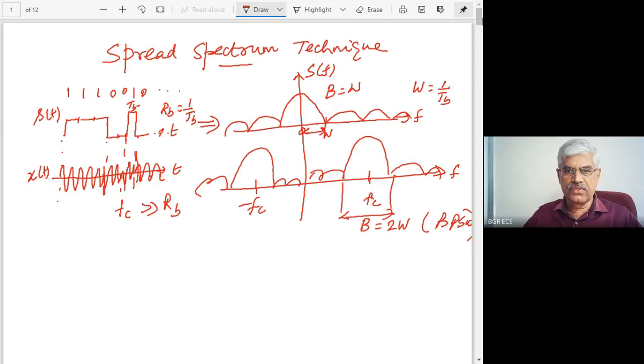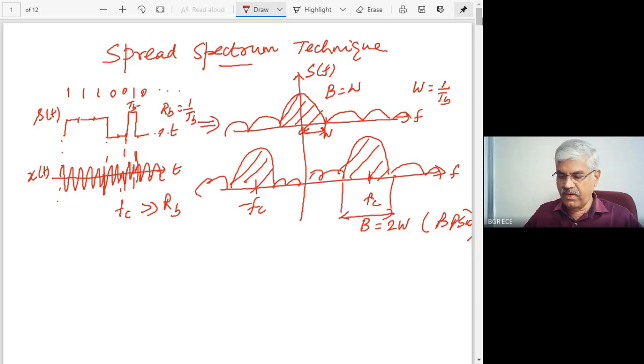And I also would assume that if you look at the spectrum, it goes to infinity like this, because this is a square wave. A square wave will have infinite frequencies, but the higher frequencies will have lower and lower strength. So this is called the main lobe. Okay, main lobe here.